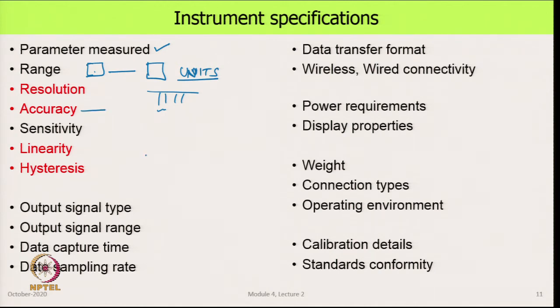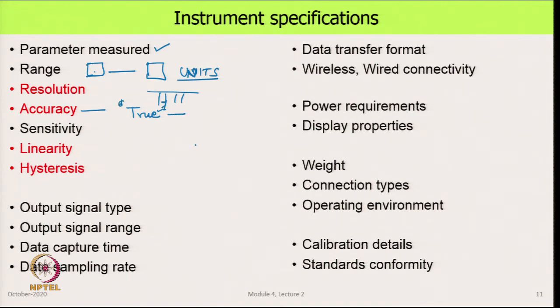Then there is accuracy. That means how good is this instrument, that the data that you get from this instrument, how good is it compared to the true value. And as we have said earlier, true value is never known.